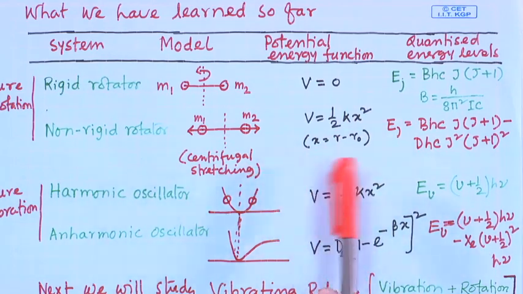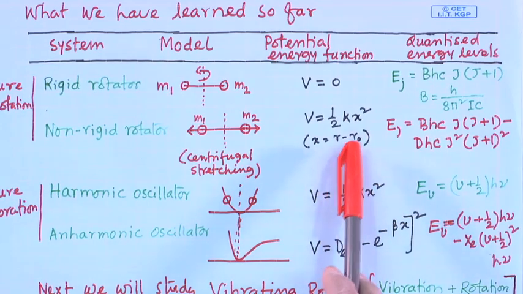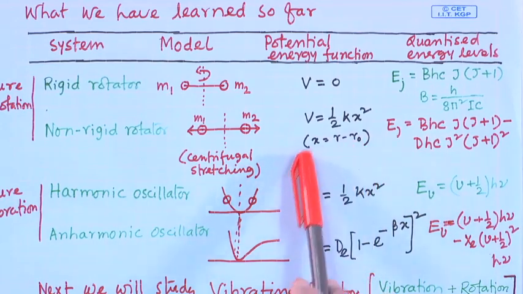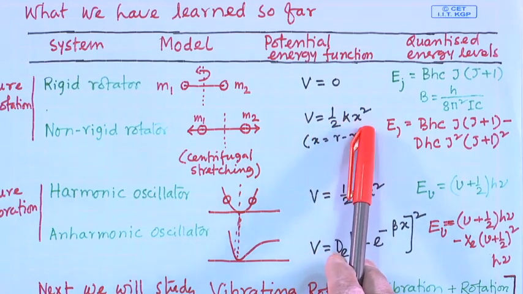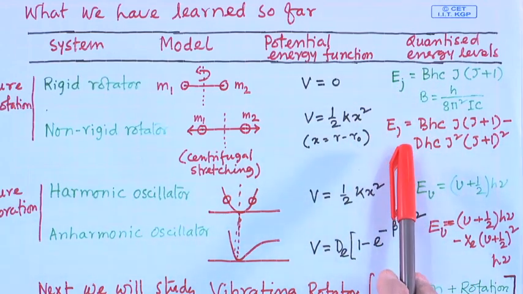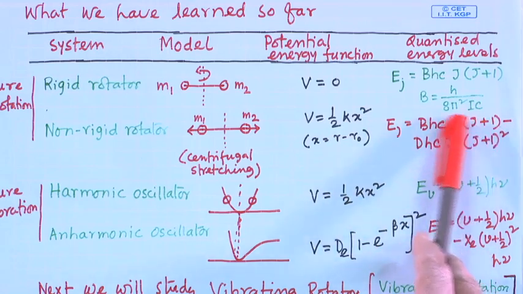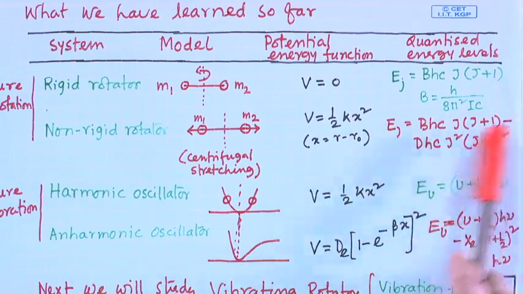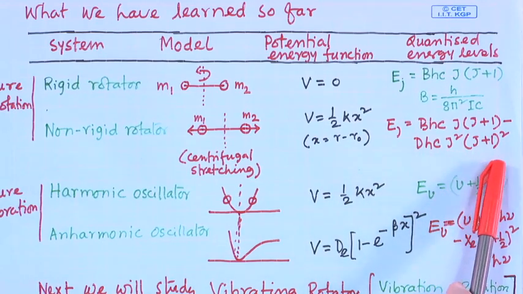The rotational energy E_J has this term and an additional correction term, D h c J square (J+1) square.